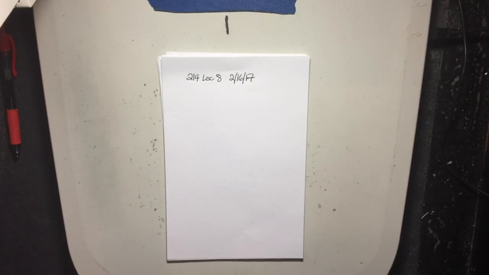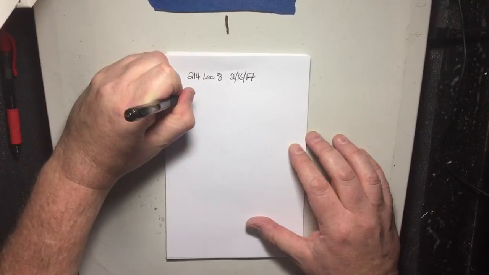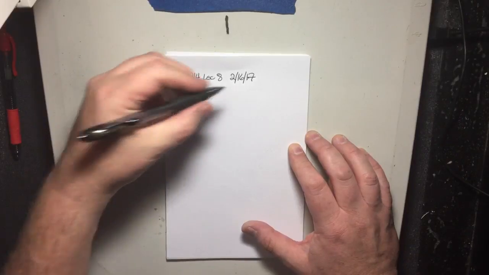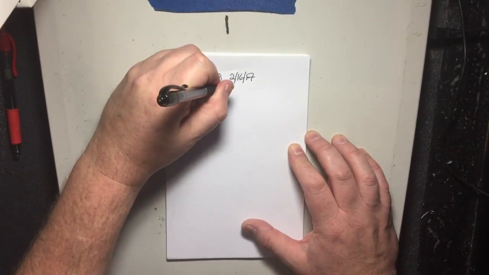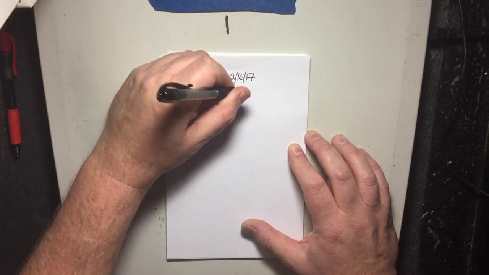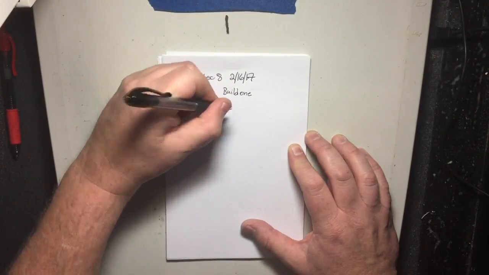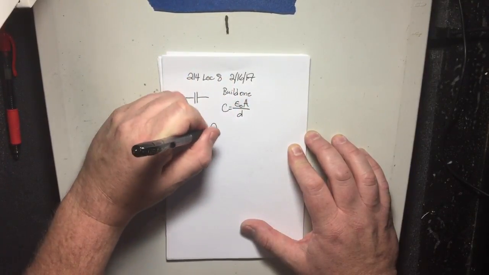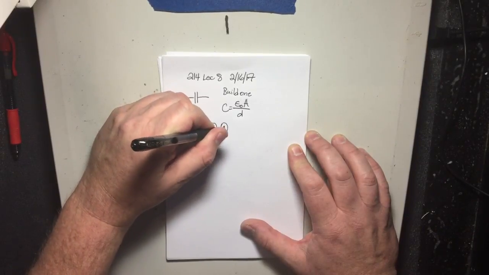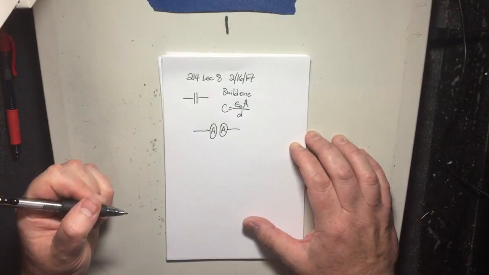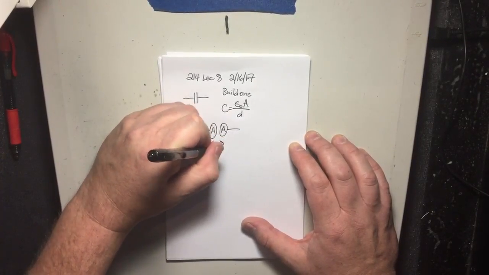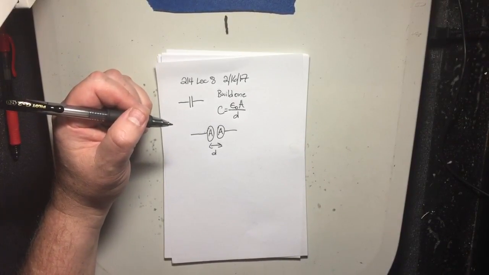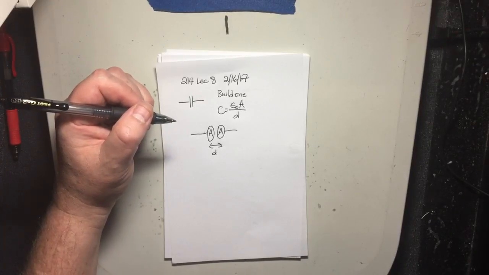So let's get started. Today we're talking about capacitors and how they behave. If you want to build one, the capacitance is related to epsilon naught A over D, where A is the area of any of the plates and D is the separation between the plates, and epsilon naught is a constant that will be listed in the page of constants.